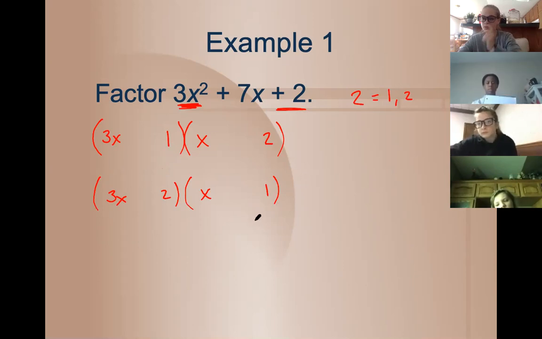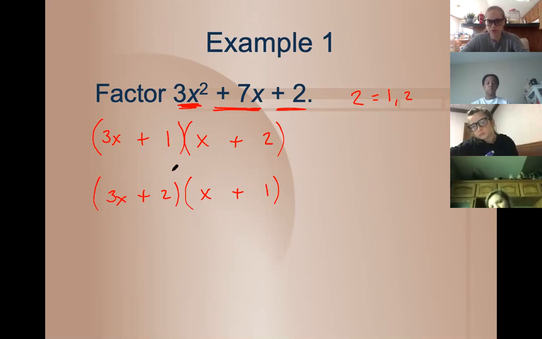Well, first off, what are my signs going to be? Well, they're going to be positive and positive, which I know because I need to be able to multiply my last terms to get a positive 2, and this middle term right here is going to be a positive 7x. So everything's going to be positive right now. How do I know which set of factors to use?